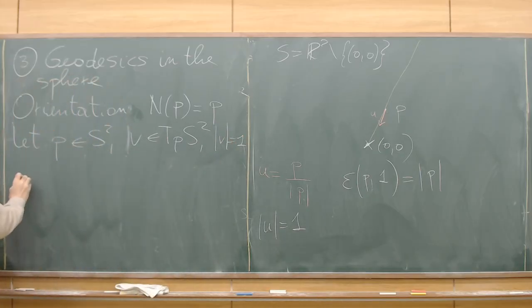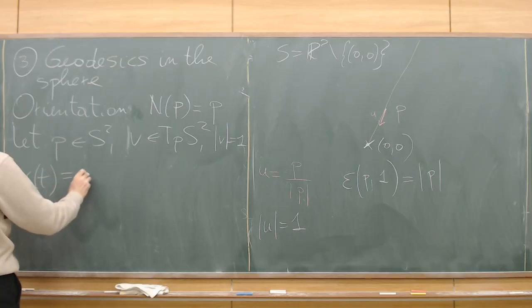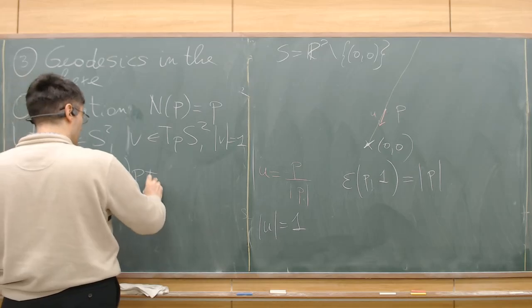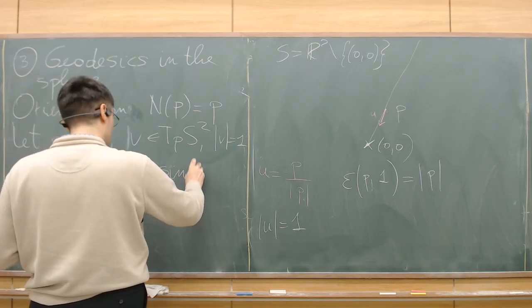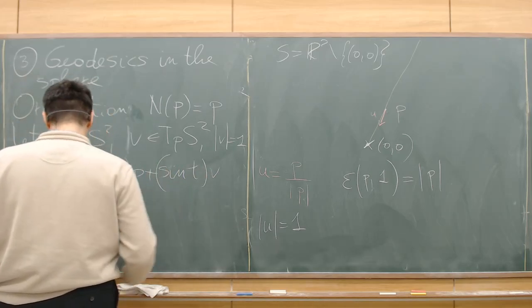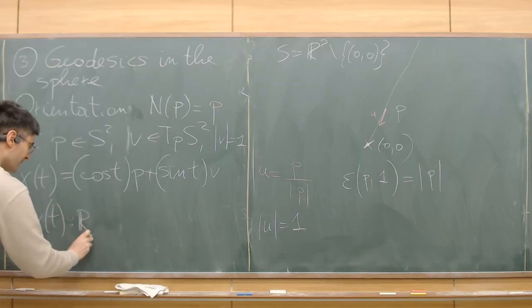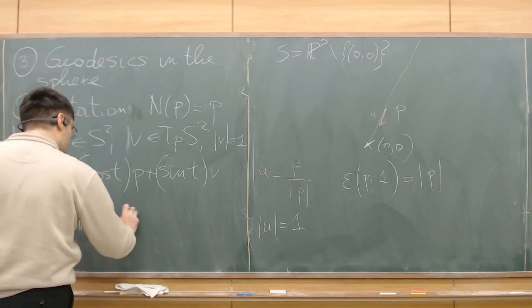Then consider the curve gamma(t) defined in the following way. This is a curve which is clearly defined on R and takes values in S2.